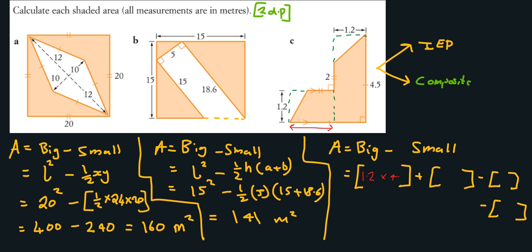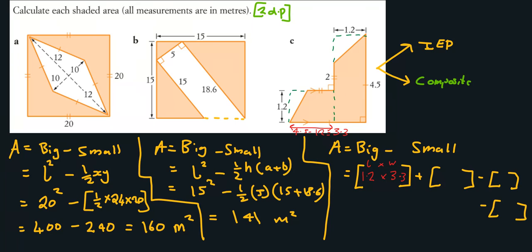So I'm just going to write down what we did there. 4.5 minus 1.2 gives 3.3. So we have got 1.2 multiplied by 3.3, and that is from length times width for a rectangle.